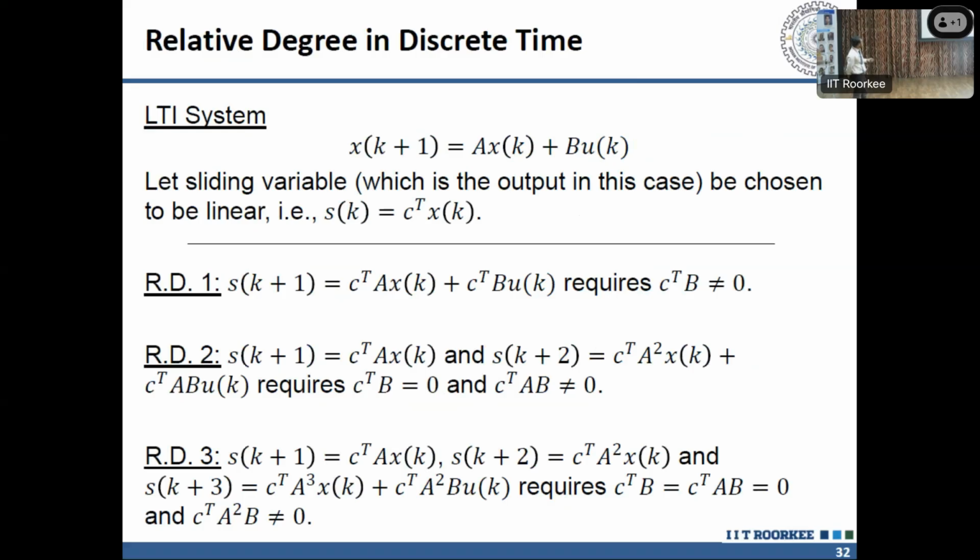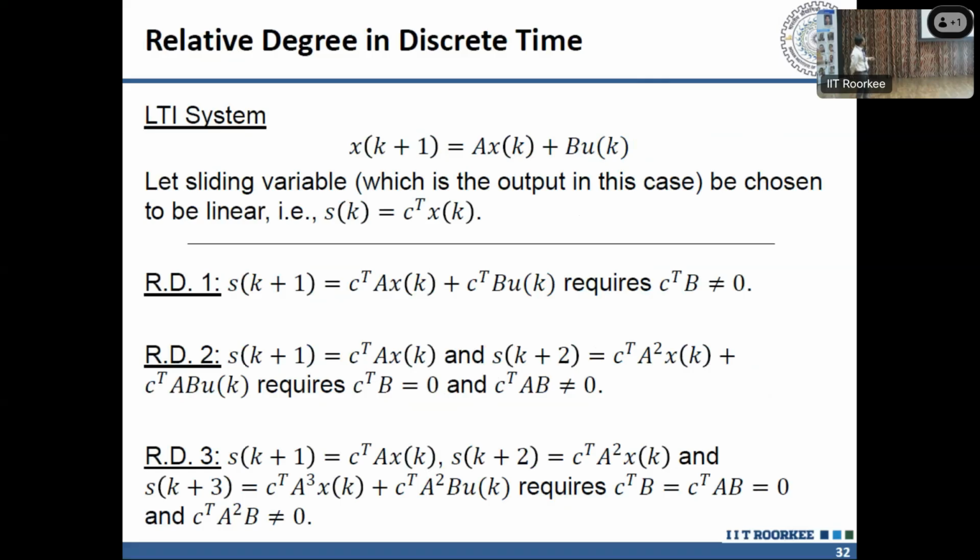For that, C^T B must not be 0, and in the case of this being a matrix, we understand it in this way: C^T B must be non-singular. And if the sliding variable defined has to be relative degree 2, that means s_{k+1} should be only C^T A x_k. This u_k will not be here.